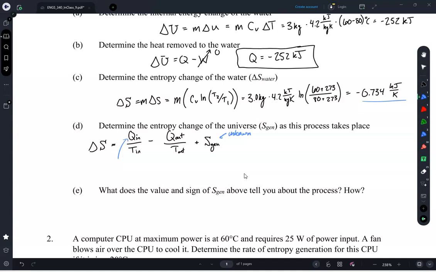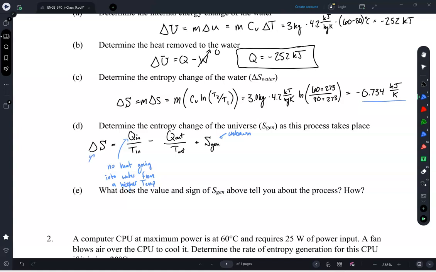Q_in, so no heat is going into the water from a higher temp. So there's not a heat source where heat's flowing into the water, heat's flowing out of the water.